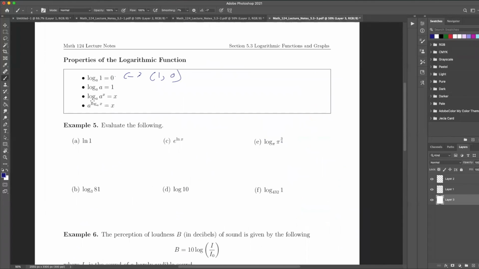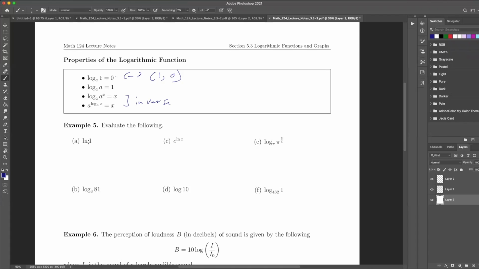Here we have the backwards: if I raise a to the log base a of x, I get back x. It's just saying these are inverses of each other.